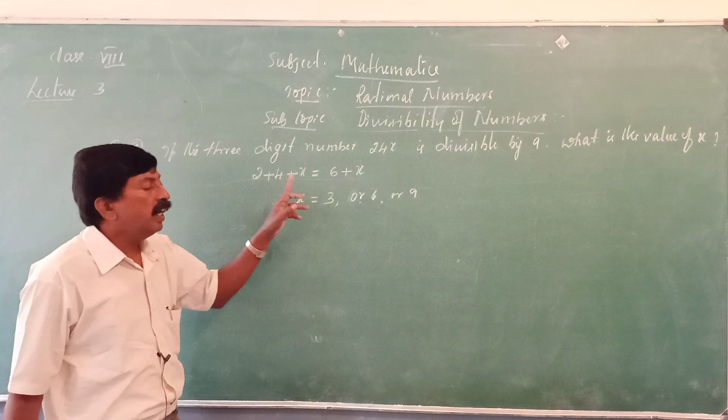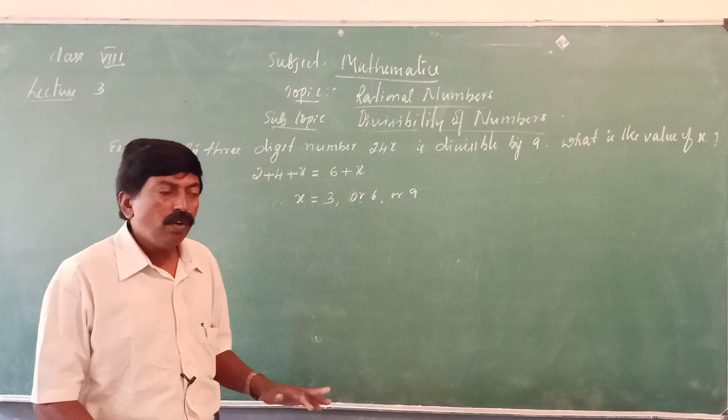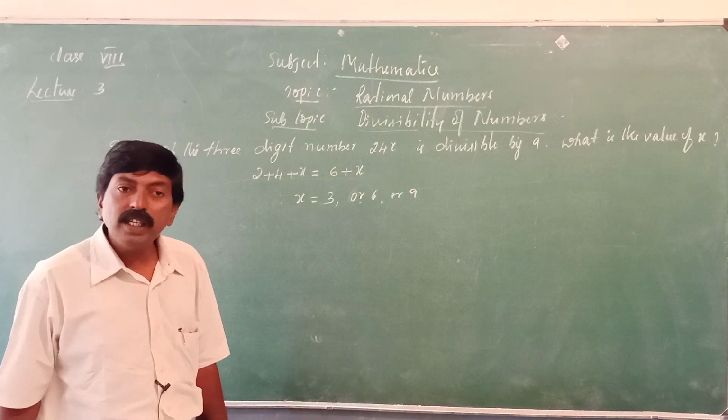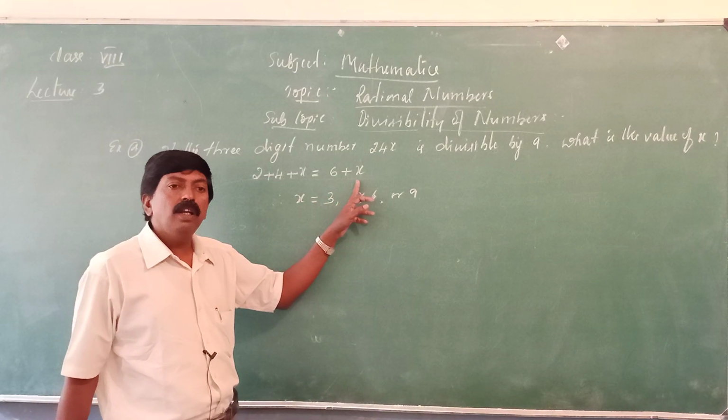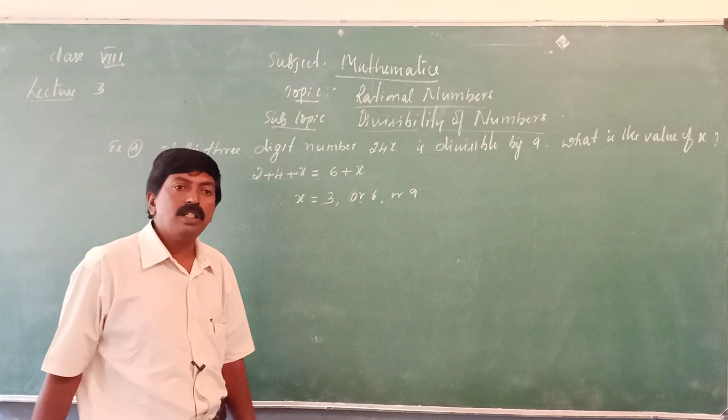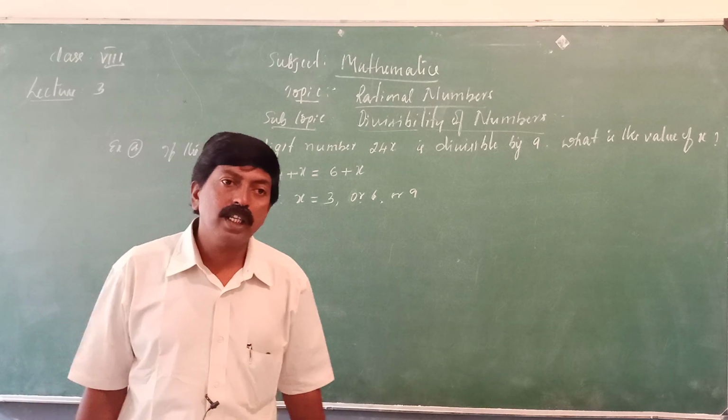It is not possible directly; you have to add the sum of the digits. So you get one variable with a constant, 6 plus x, and you can substitute the x value.